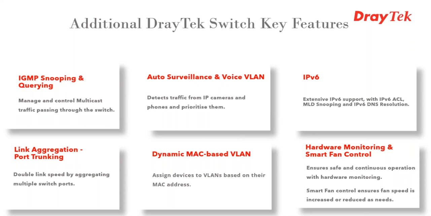Here we've got additional features that are also available on the P2540X switch, which include IGMP querying and snooping. This is used to control how multicast traffic is forwarded through the switch. We've also got auto surveillance, which allows the switch to detect traffic from IP cameras and prioritize that traffic.